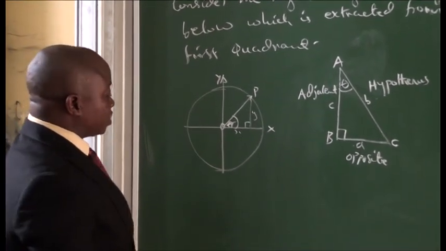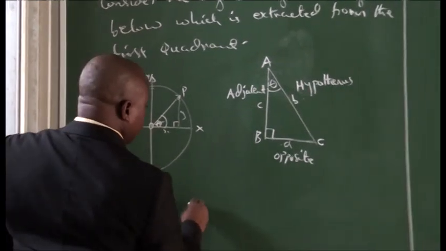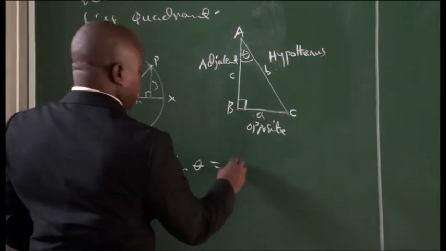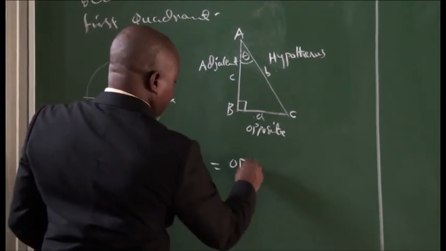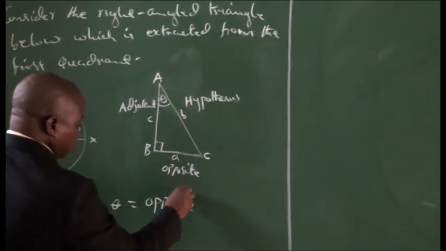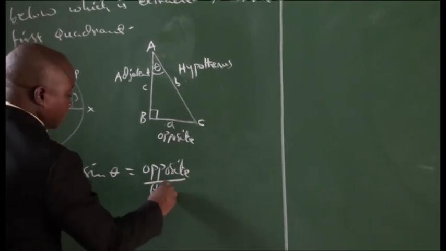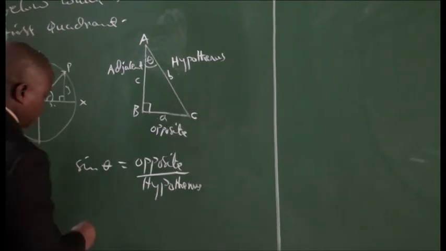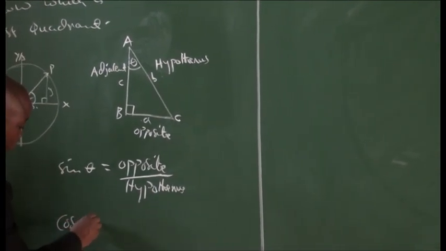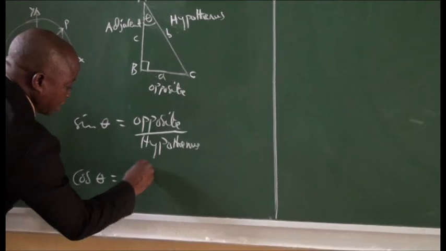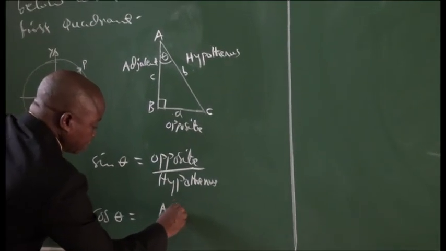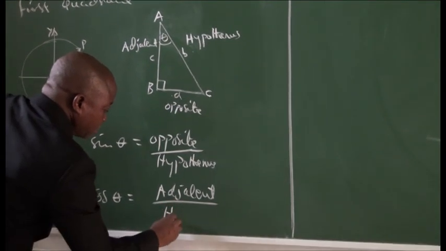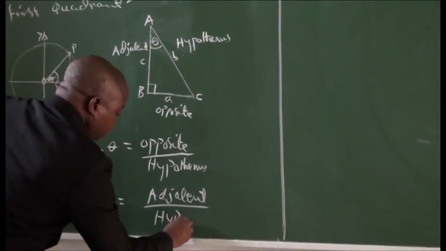Now, what do we want to see? We see the ratios: sine theta is opposite all over hypotenuse. Then cos theta is adjacent all over hypotenuse.